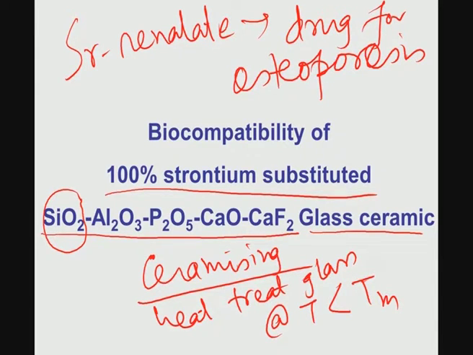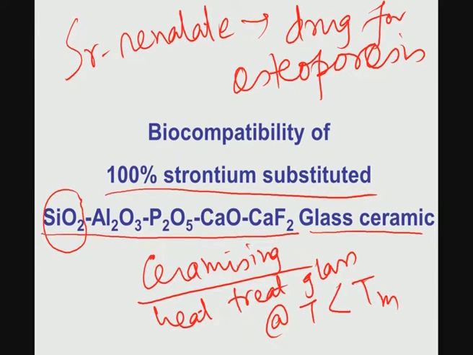The rationale is that when the glass ceramic undergoes in vitro dissolution, it will slowly release strontium also. Strontium can strike a healthy balance between osteoblast and osteoclast cells, so its use can be rationalized for osteoporosis treatment.